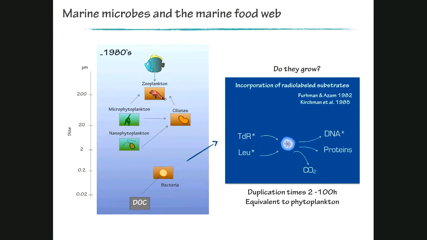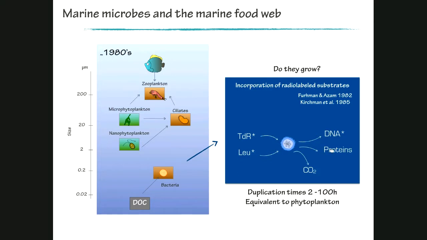So after the discovery, the question was, well, if they take up carbon, maybe they are using it for bacterial growth. So they performed experiments using radiolabeled substrates and measuring the uptake of these compounds into the cells. There are two methods. One is based on the incorporation of these substrates into DNA, and the other one into proteins.